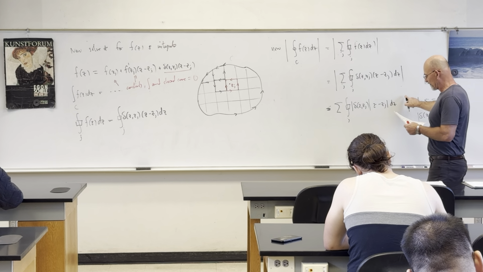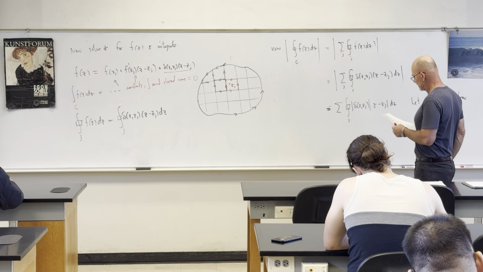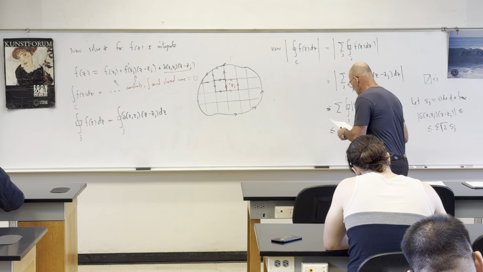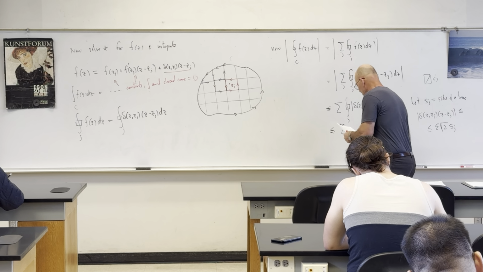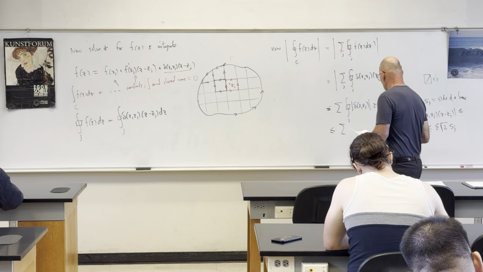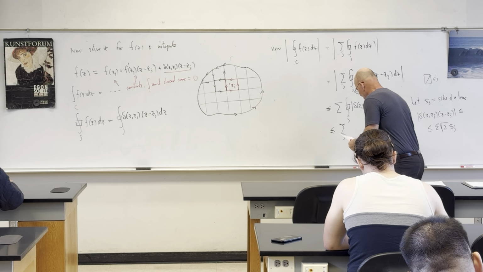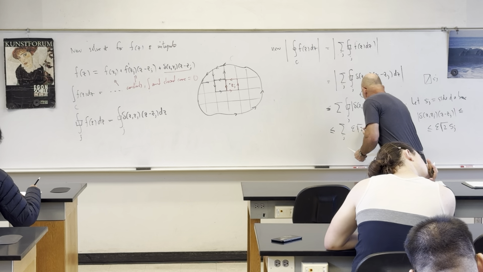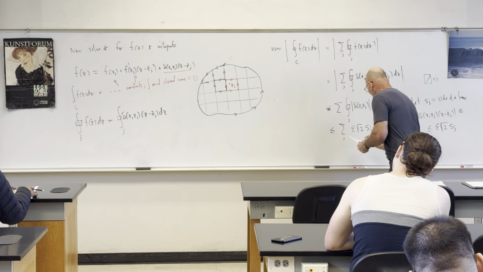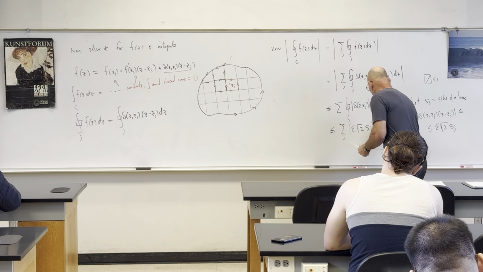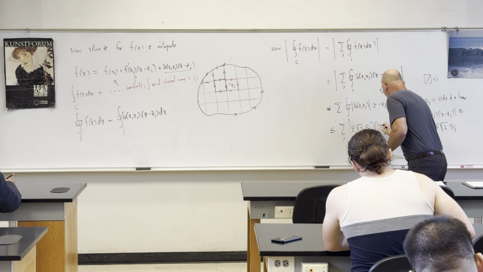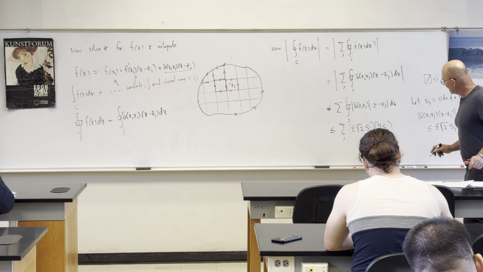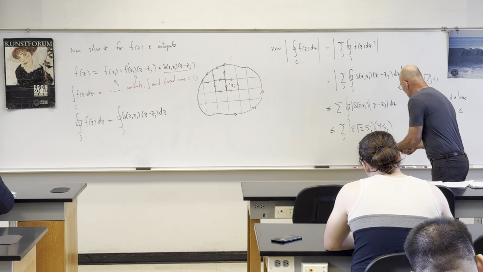This integral here is now less than or equal to the sum over j of epsilon root 2 s sub j, and 4 s sub j, because this is by Darboux.